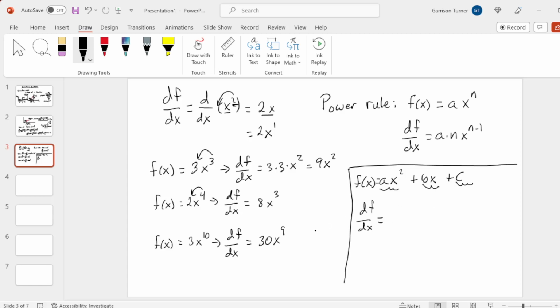Okay? And so the derivative of my first term would be 2ax plus, if I have x to the first power, then I bring that power down. And this is the same thing as b times 1 times x to the 0. And c is a constant, so c doesn't have any x dependency on it, and therefore the derivative of constants is 0.